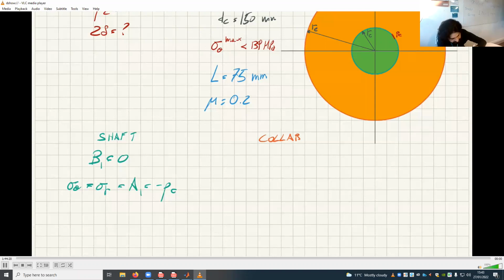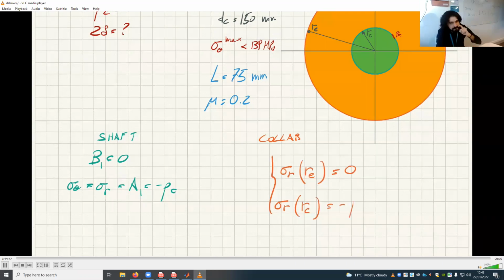For the collar, how many boundary conditions do we have? The external pressure is 0. So we know that sigma r at the external face equals 0. What else? At the inner face, sigma r at the contact radius is minus PC.